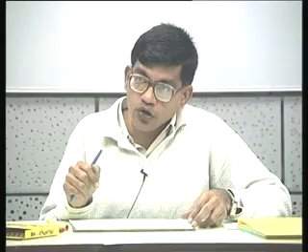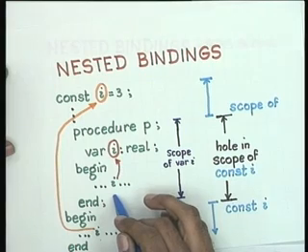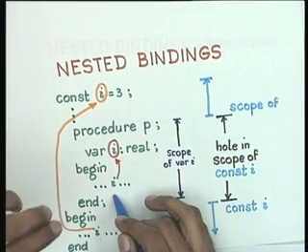Secondly, every time there is an applied occurrence, it makes it necessary for a compiler or a parser to look for the appropriate binding occurrence and verify various things.